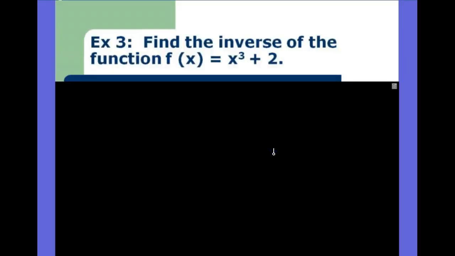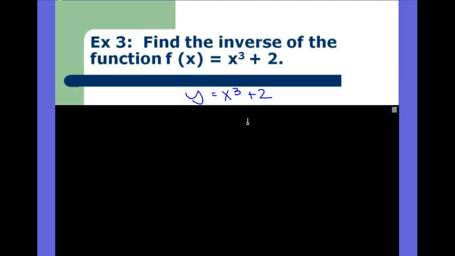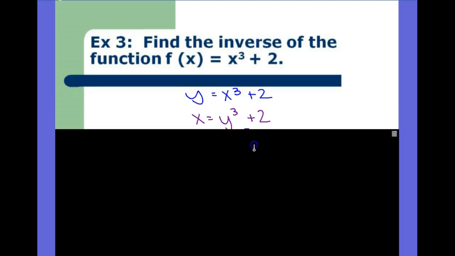Okay. To find an inverse, which I know we did last year, what you're going to do is take the x and the y and flip them. So this would become y equals x cubed plus 2 instead of f of x. Once you have it in terms of x and y, you flip them. So you get x equals y cubed plus 2.